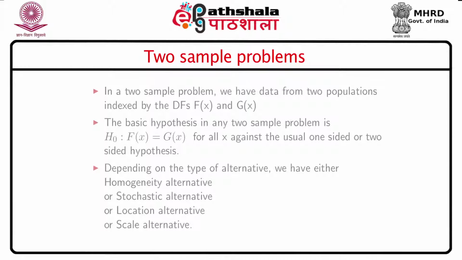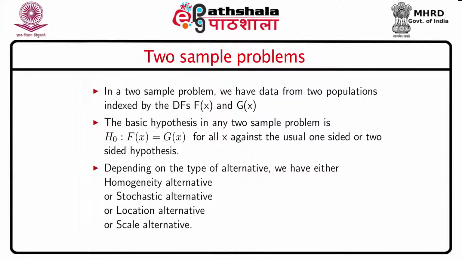Now, we discuss different two-sample problems. Specifically, in a two-sample problem, we have data from two independent populations indexed by the distribution functions F(x) and G(x). The basic hypothesis in any two-sample problem is F(x) equal to G(x) for every x against the usual one-sided or two-sided alternatives.